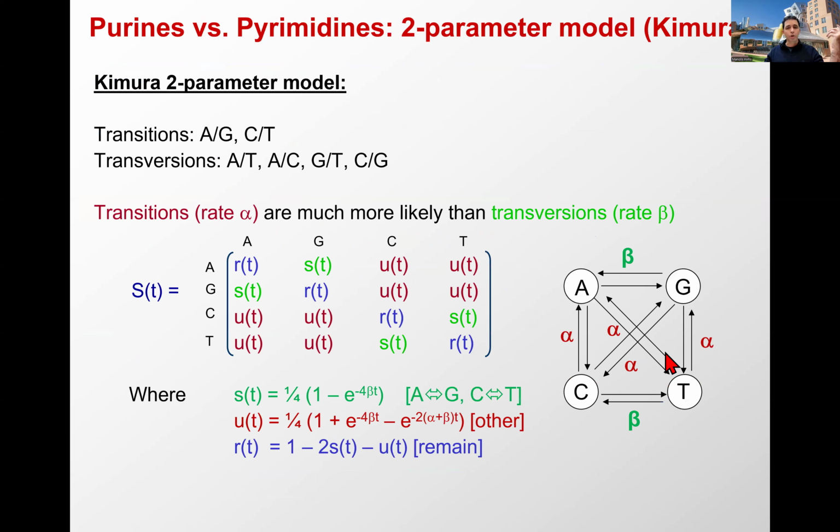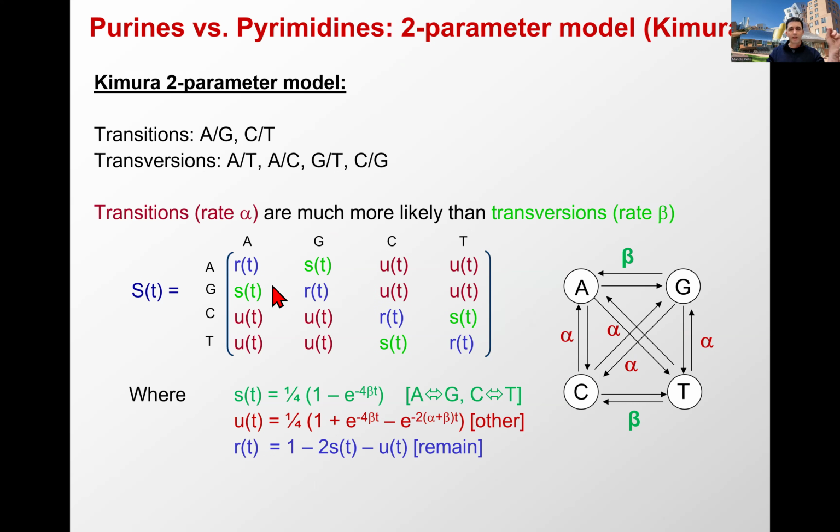I can be a little more complicated. I can say that A to G and C to T change with each other at a transition rate, and there is a transversion rate, which is less frequent than the transitions. The colors are off here. So A to G are transitions, C to T are transitions, A to C, A to T, etc. The rest is transversions.